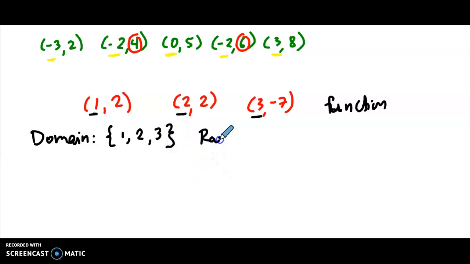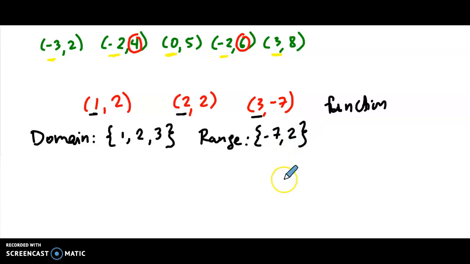For the range of this function, again, I list the Y values in order from smallest to biggest. Remember, for the y values, they can repeat. There's not a problem there. So because I have y values 2 and 2 that are repeating, I'm going to list that only once, but I should start from the -7 because that's the smallest. So that's my range.